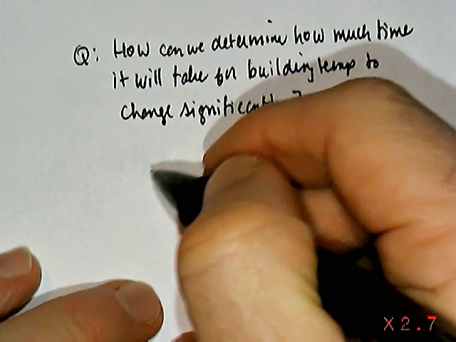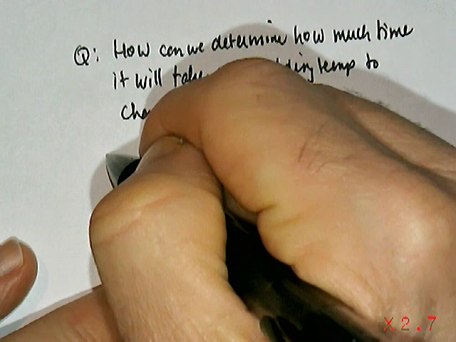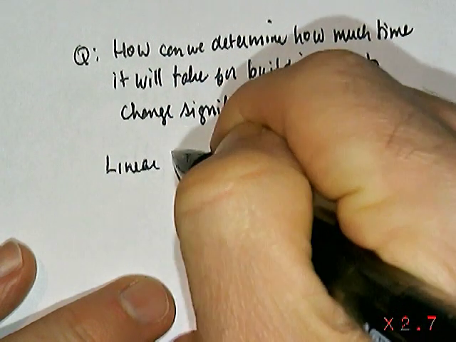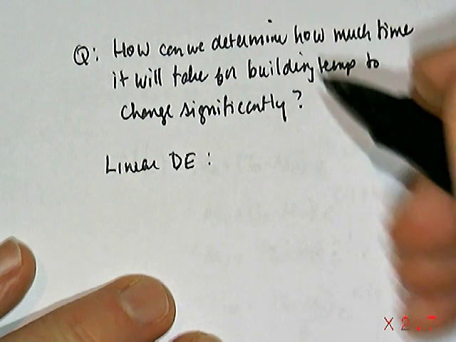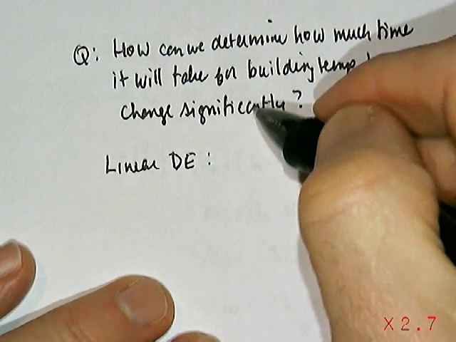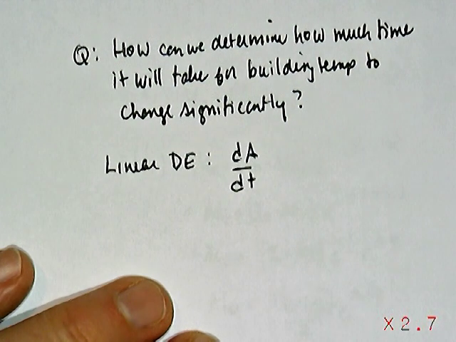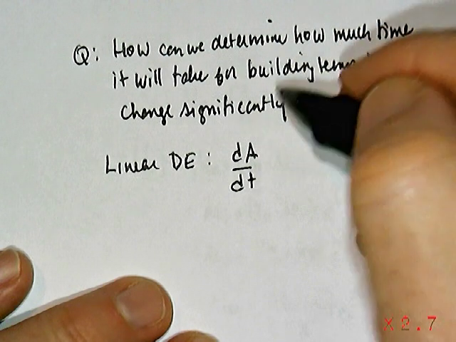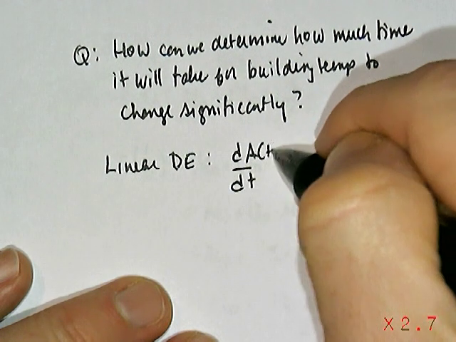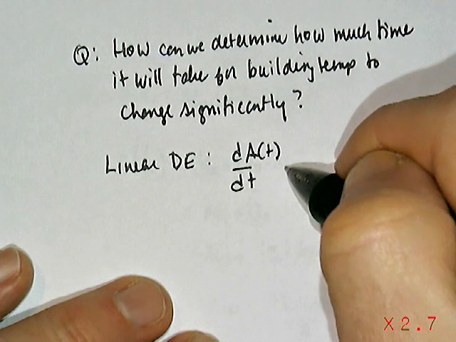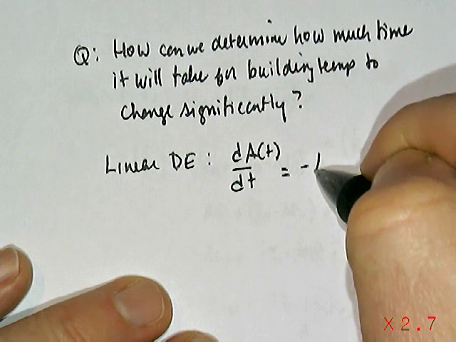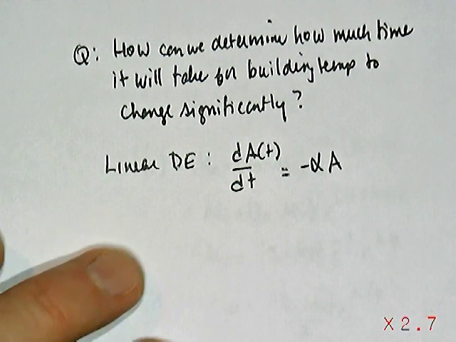What we do in this case is consider the case of a linear differential equation of the following form. So we'll look at one that looks like this. Suppose we're looking at an arbitrary quantity a with respect to time, assuming it's a function of t. So for this function of t, suppose its derivative has this form, minus alpha a. Okay.